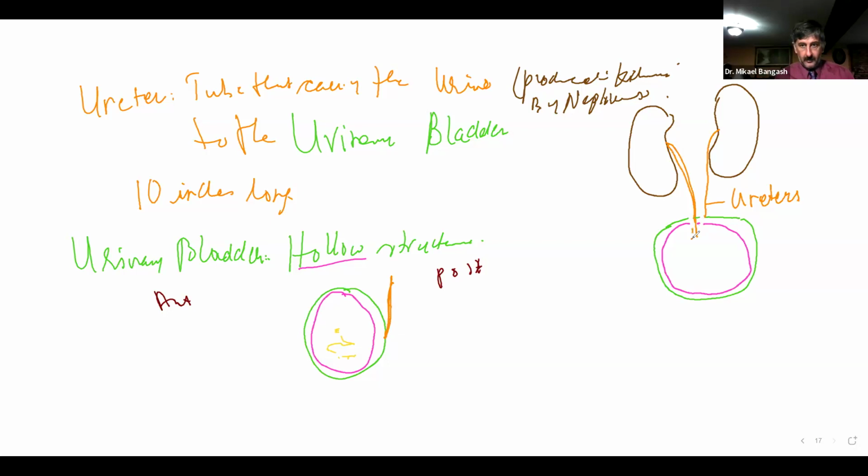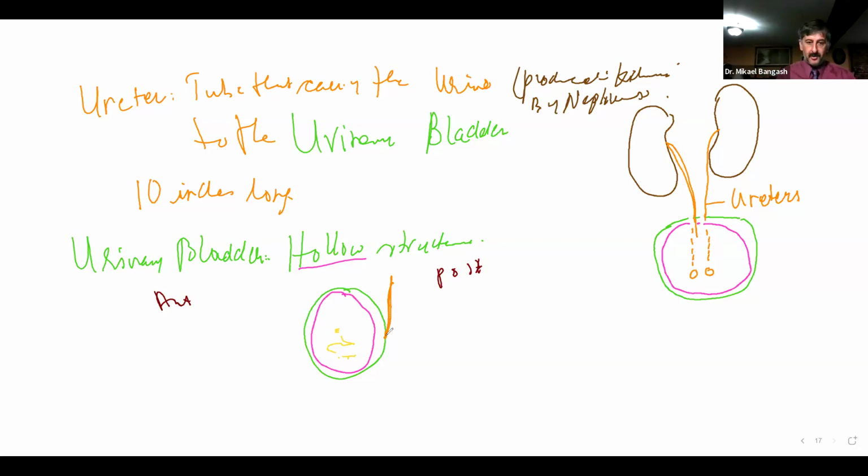Here it runs posterior to the urinary bladder, and eventually will open up into the urinary bladder. Did that make sense?